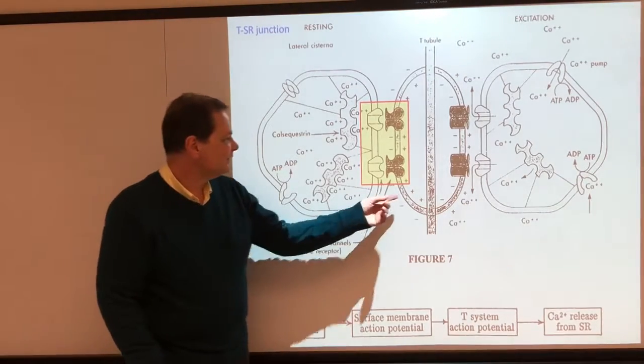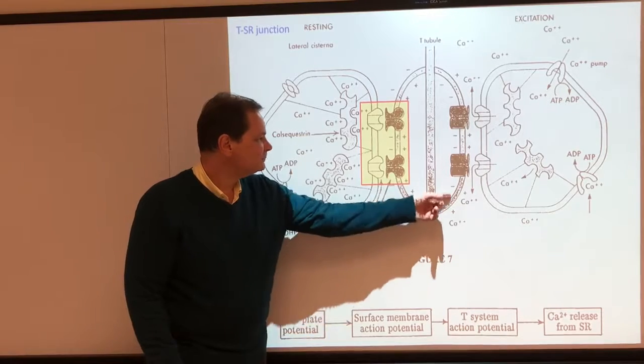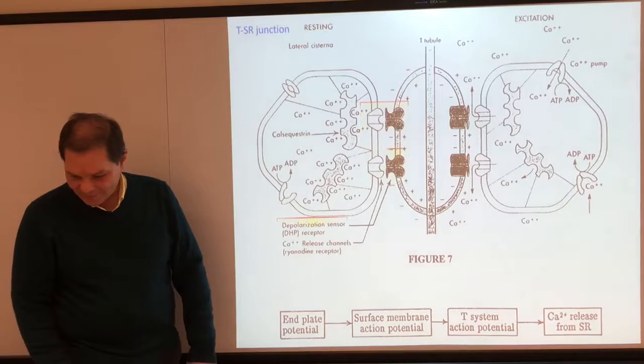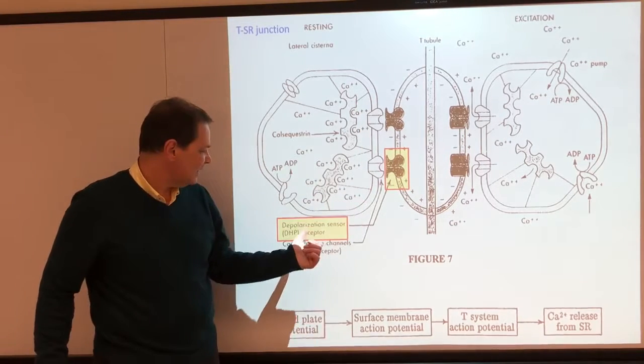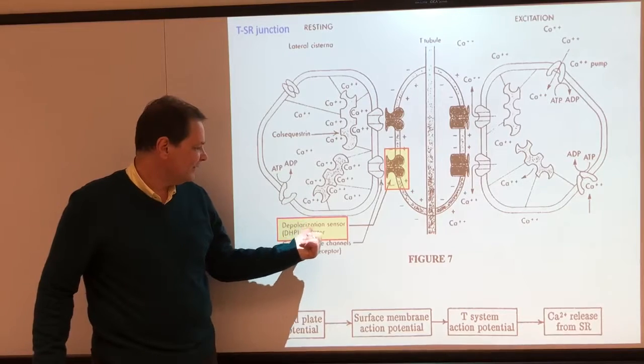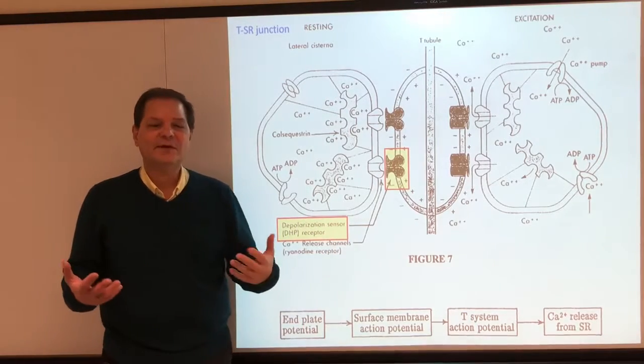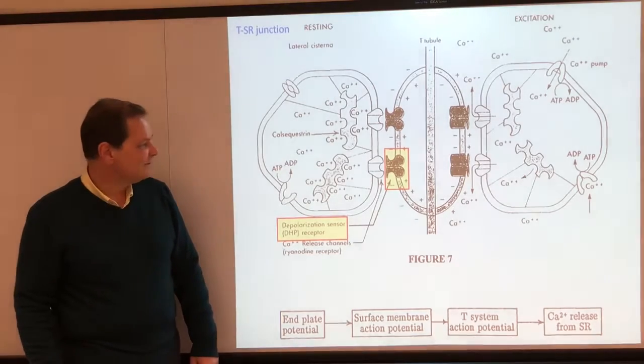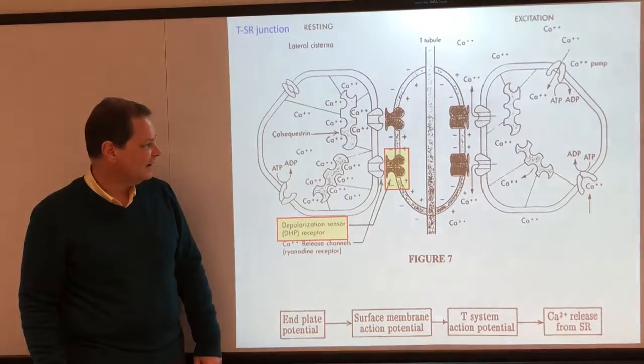That action potential dips down into the T-tubule, and there's the DHP receptor, the depolarization sensor, or the voltage sensor. That will change conformation in response to the action potential, the depolarization.